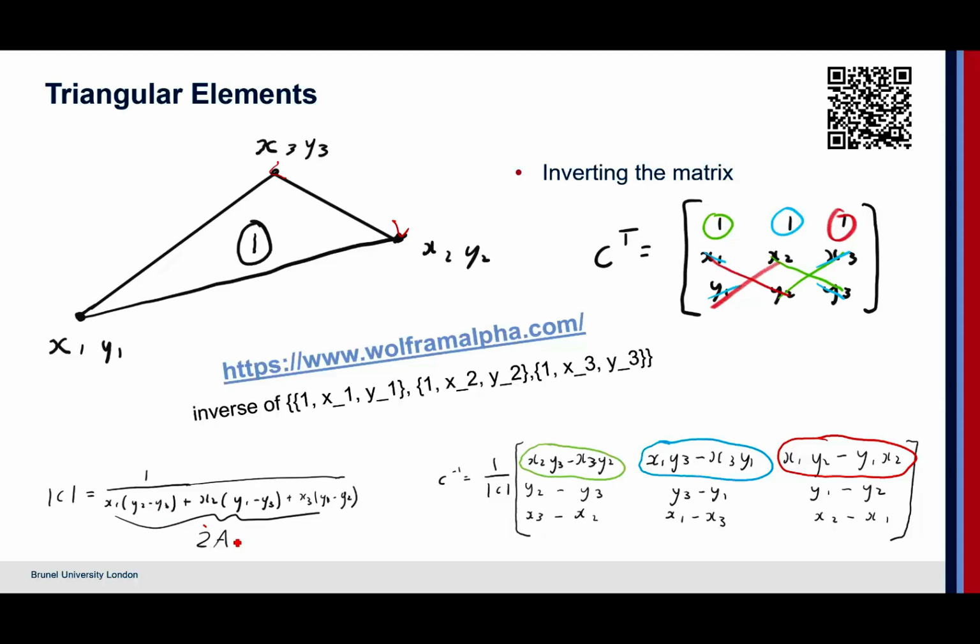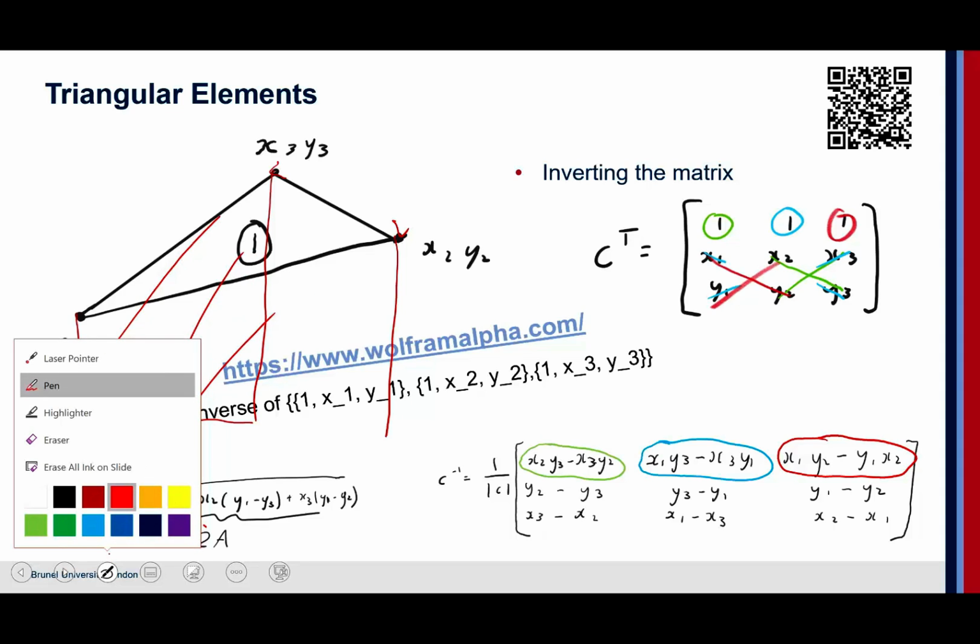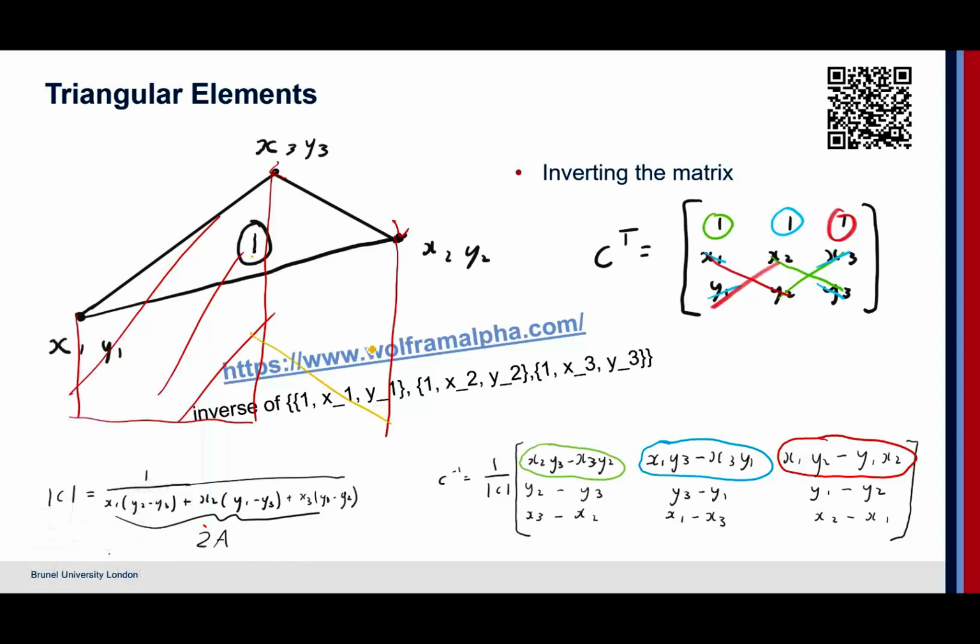Now, for this area, you can show the determinant using the trapezium rule, by taking each of these different parts of the triangle, working out the area here, and then if you do the last part, you get the area here. If you work through that process, you can see that it will give you the same expression as you've got here for the determinant. So that expression is consistent with doing that process.